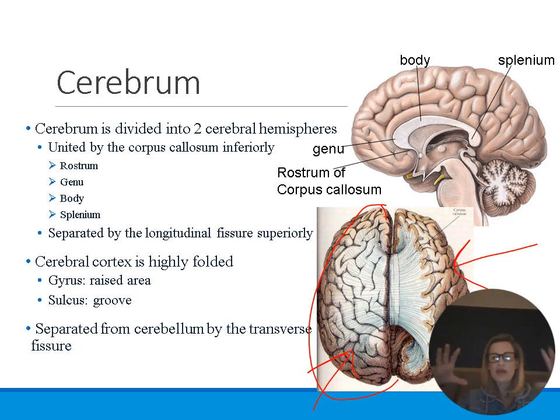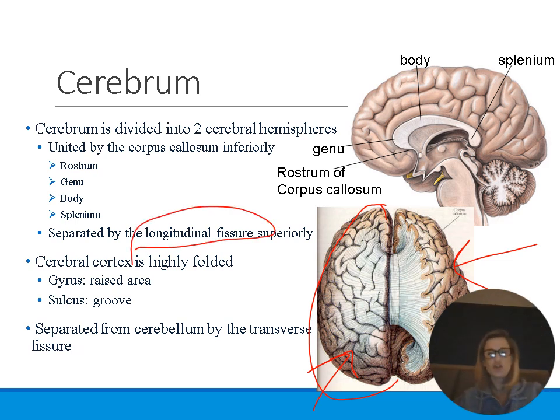If you're looking at the brain from the outside, the two cerebral hemispheres are separated from each other by a deep groove called the longitudinal fissure. So superiorly, if you're looking down at the brain, you see a deep groove separating the two halves or hemispheres.